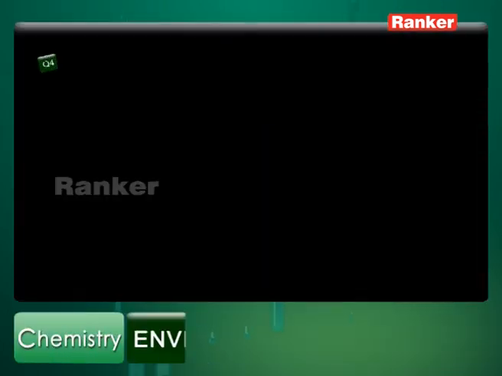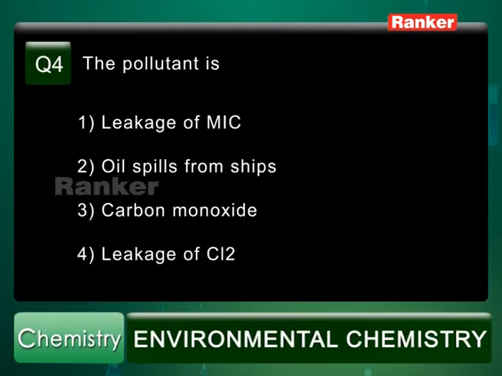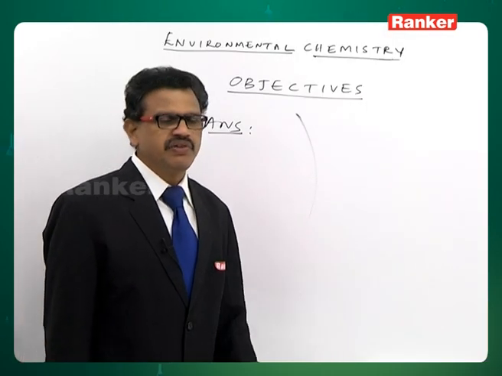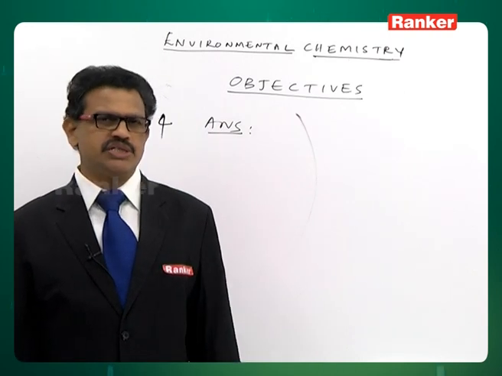Question number 4. The pollutant is, options are given like this: MIC, methyl isocyanate, oil spills from the ships, carbon monoxide, leakage of chlorine gas from some chlorine industries. What is the difference between pollutant and contaminant? We should understand.